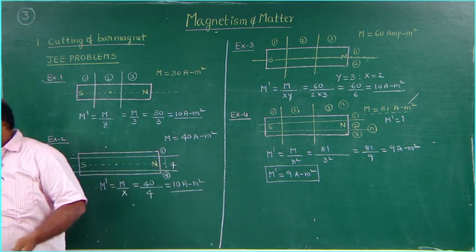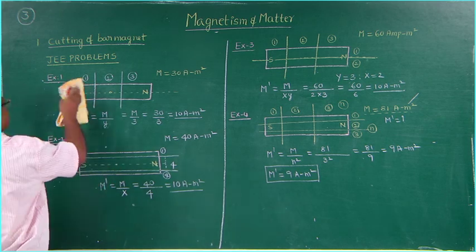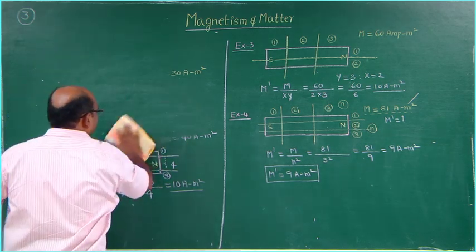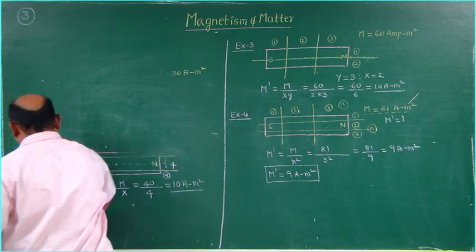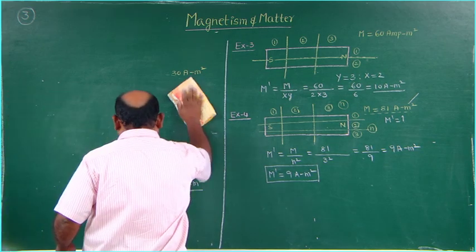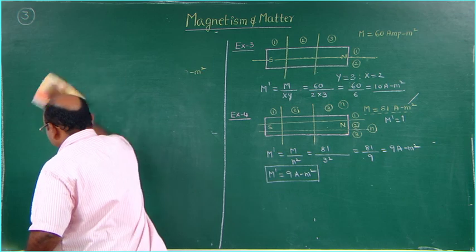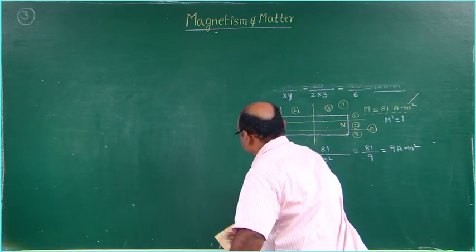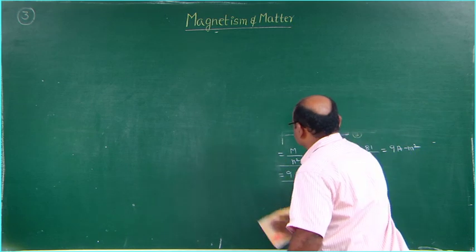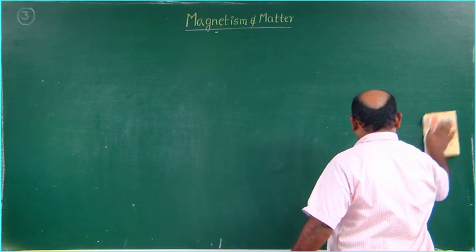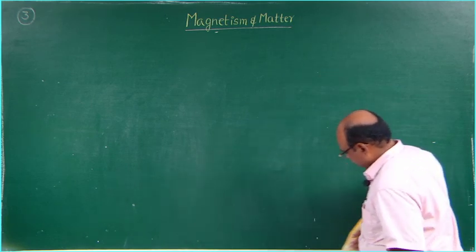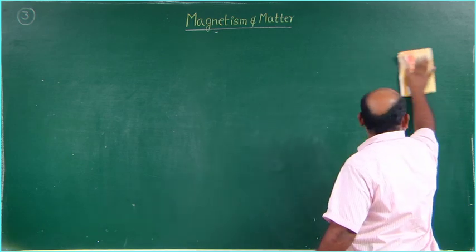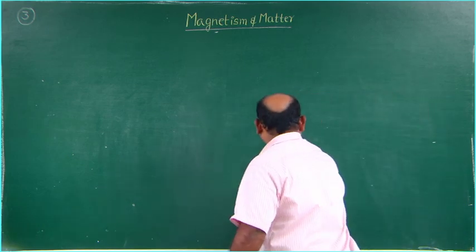Now, let us move to another important parameter due to which the magnetic moment of the bar magnet may vary, that is the bending of the bar magnet.